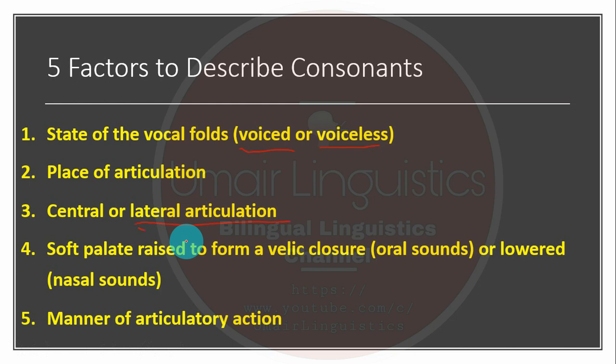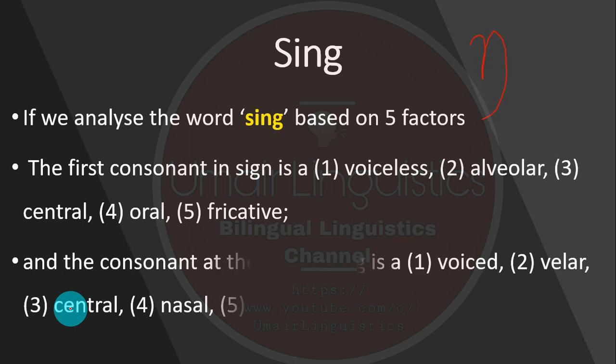The soft palate is lowered because it is a nasal sound. And the manner of articulatory action: it will be a stop, because nasals are stops in English. So these are the 5 factors.